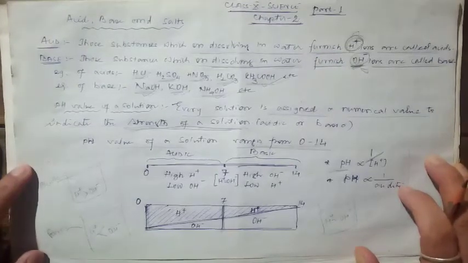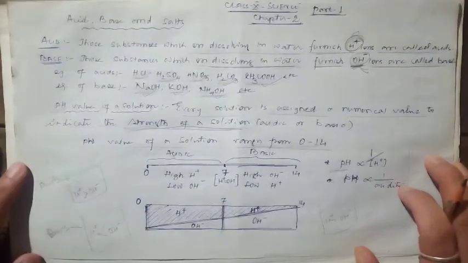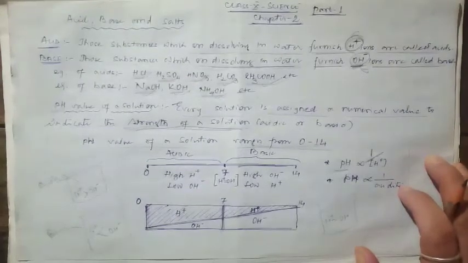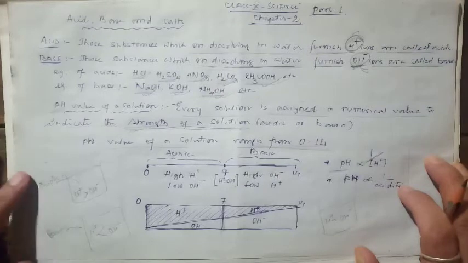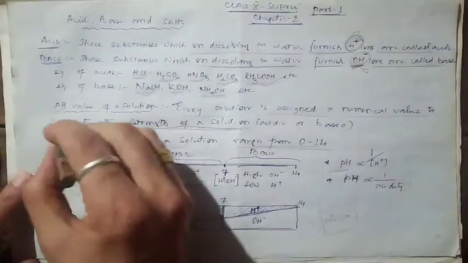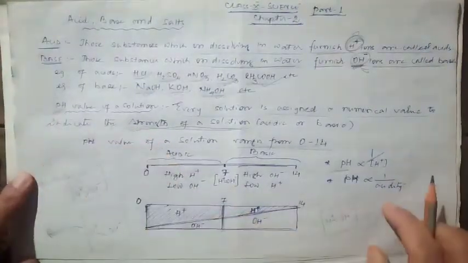The numerical value which is given to a solution is called the pH value. That is, the power of hydrogen, pH value.